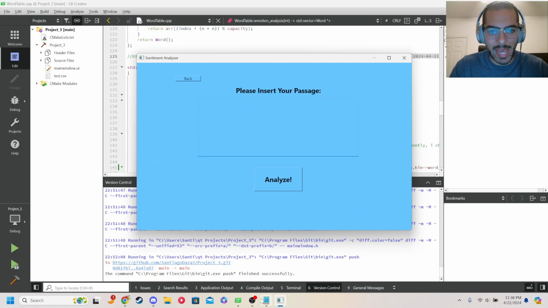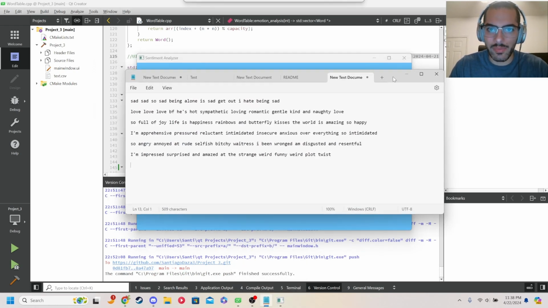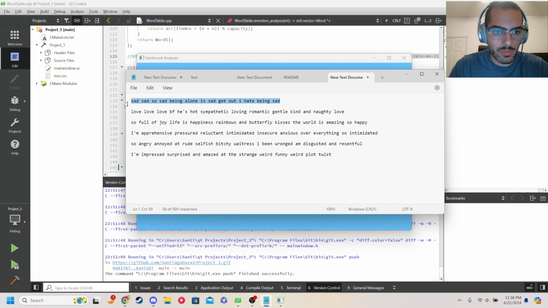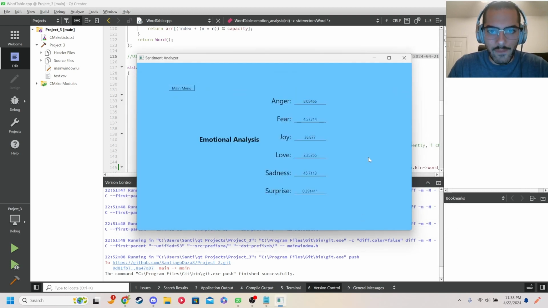So yeah, moving on to the actual functionality of our program, you can see here that we're able to insert a passage into the sentiment analyzer. And if we just start off with a very sad passage, you'll see that it displays the different amounts of emotions: anger, fear, joy, love, sadness, and surprise, and the percentages next to them. And there can be a lot of overlap because some tweets can use certain words in a happy sense, in a positive, joyful sense, or in a sad sense.